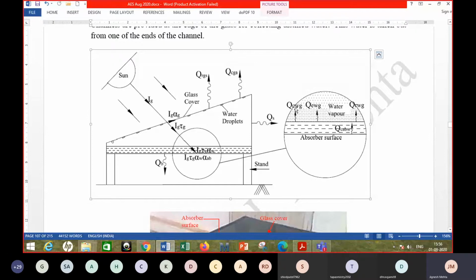Because of this sensible heating, glass gets heated. The evaporation is the moisture which is brought near the surface of the glass, and it also gets heat by radiation. These other two methods in a way are byproducts. Actually, what you mainly need is QEWG.